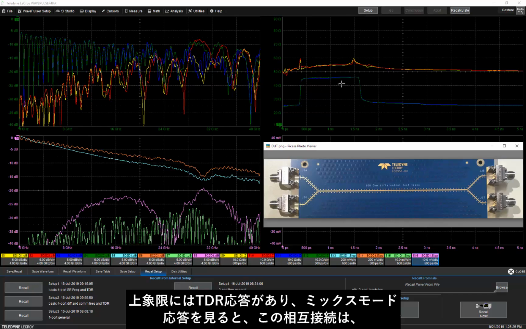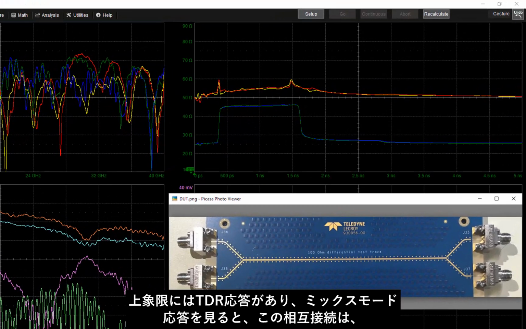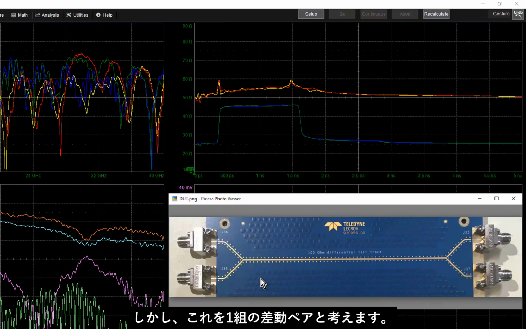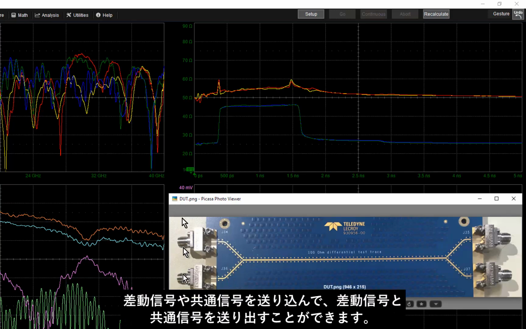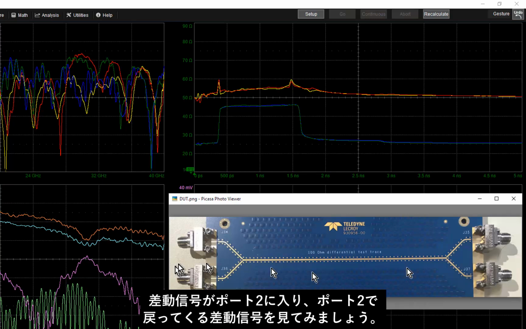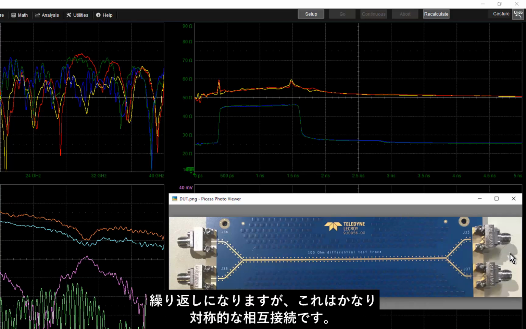In the upper quadrant, I have the TDR responses, and when we look at the mixed mode response, we think of this interconnect not as two single-ended transmission lines with coupling, but we think of it as one differential pair, where we can send differential signals or common signals in and look at differential and common signals out. So initially, we're going to look at the differential signal going in on port 1, coming back to us on port 1, or the differential signal going in on port 2 and coming back to us on port 2.